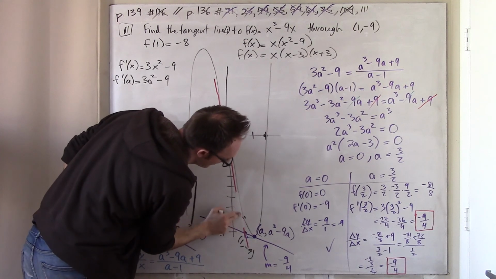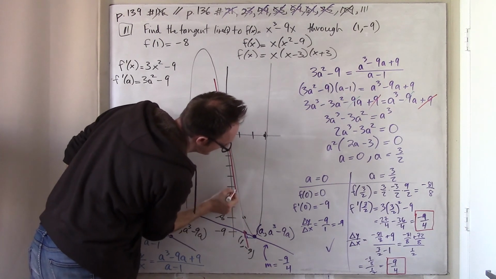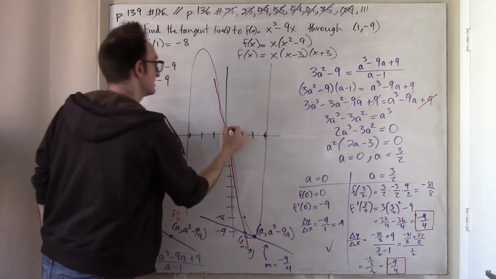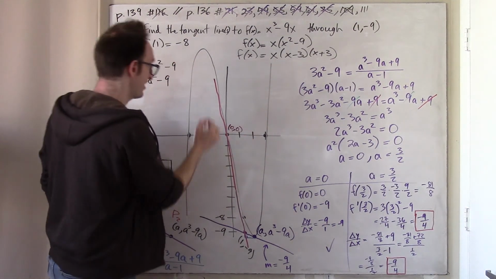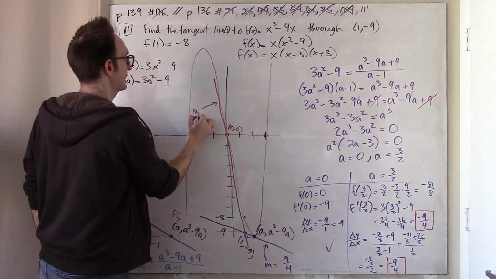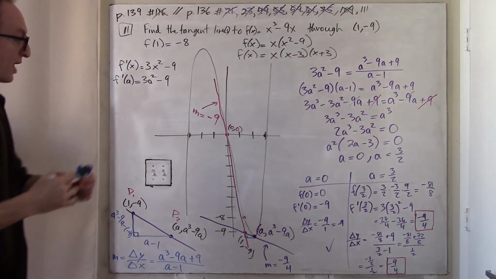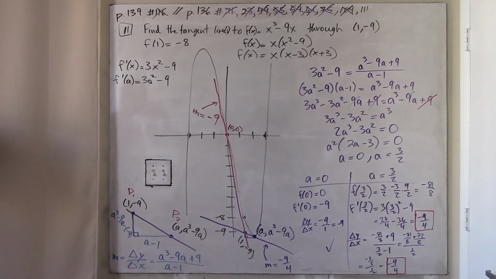Sorry, my line got a little curvy there, but basically something like this. And so this is 0, 0, and this line has slope negative 9. And so there are indeed two lines through the point 1 comma negative 9.